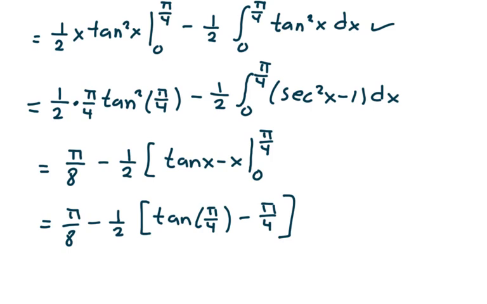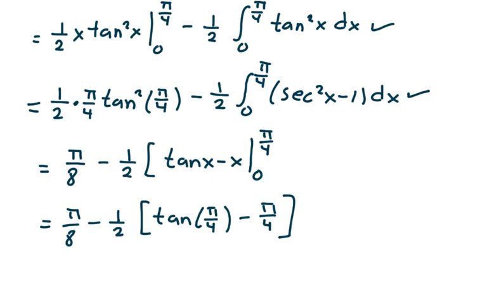Now, if I replace x with pi over 4, I get 1/2 times pi over 4 tangent squared of pi over 4, essentially minus 0, right? And then I'm going to go minus 1/2 the integral from 0 to pi over 4 of secant squared x minus 1 dx. Now, remember that tangent of pi over 4 is 1.